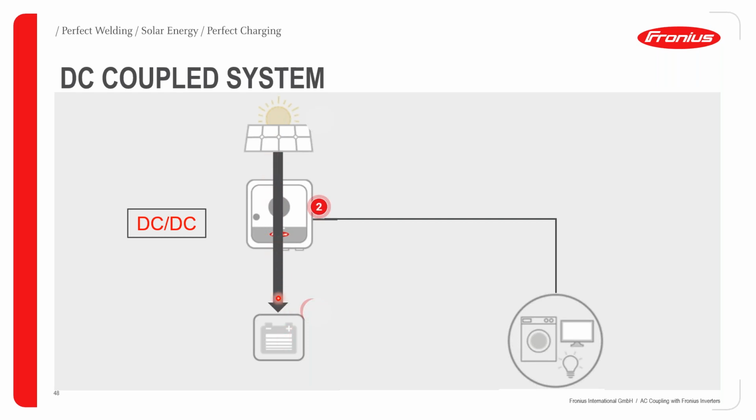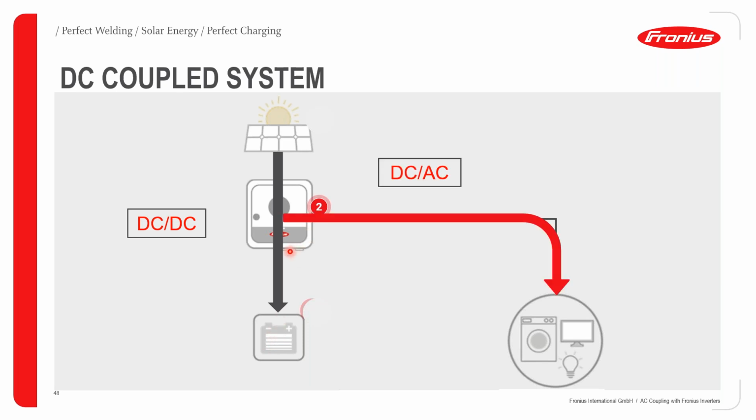So there's basically no conversion here. It's just regulation of power to the battery, because the inverter is already integrated with an MPPT charge controller. So it controls or regulates the power being fed into the battery, so as to ensure that it satisfies the SOC regulation or the SOC specifics.